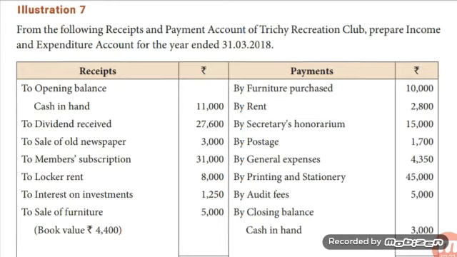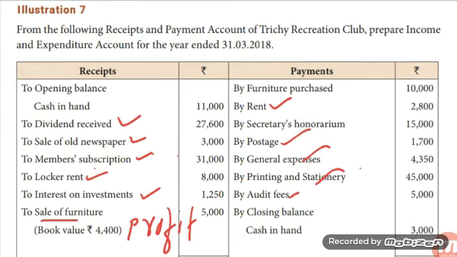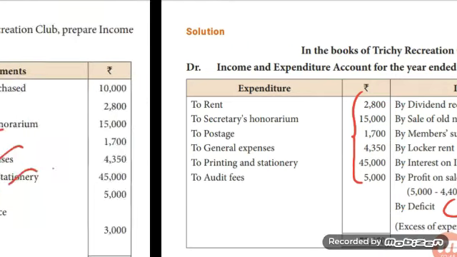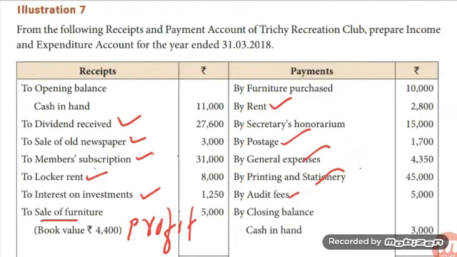So, draw the account, write the title: in the books of Trichy Recreation Club, income and expenditure account for the year ended 31st March 2018. Show the abbreviation DR on the debit side, CR on the credit side.